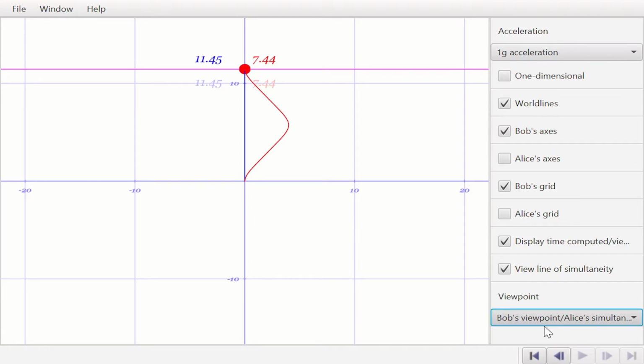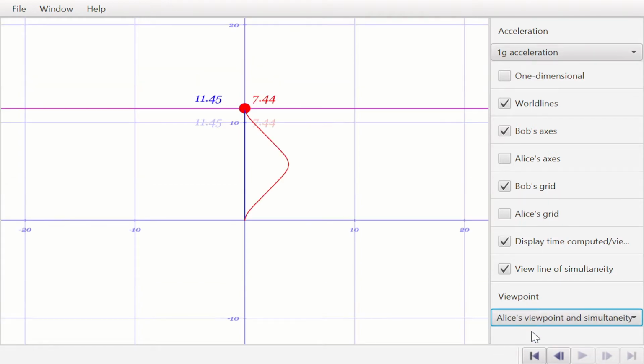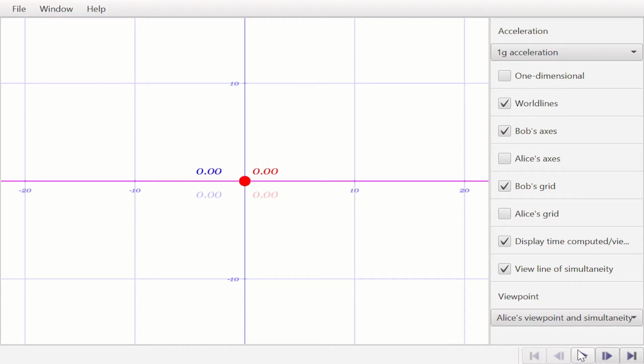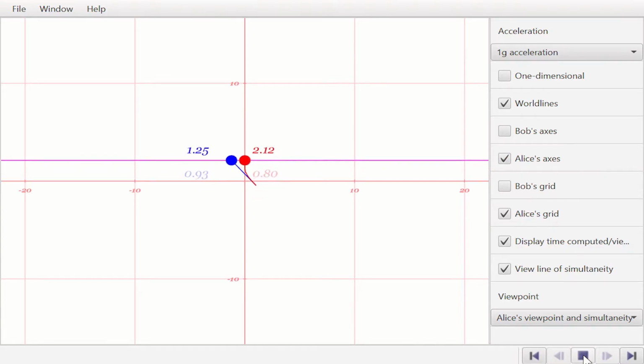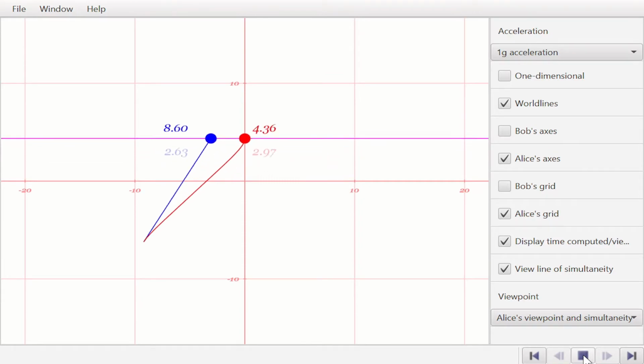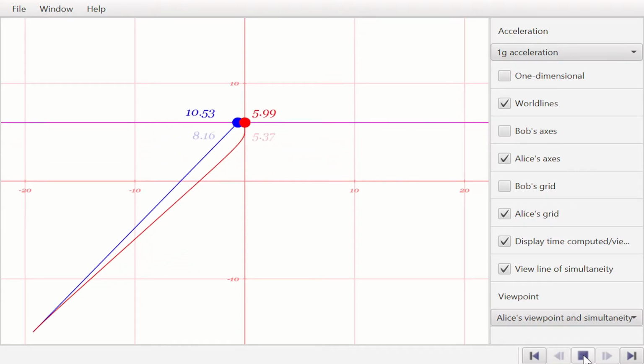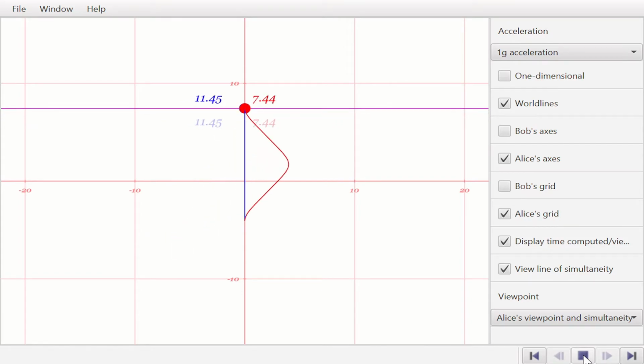We can also look at the whole thing from Alice's point of view. Let's see what that looks like, and her simultaneity. Let's display Alice's grid. As we can see, her world line is always a curve, and his is always a straight line, no matter which frame you're looking at from.